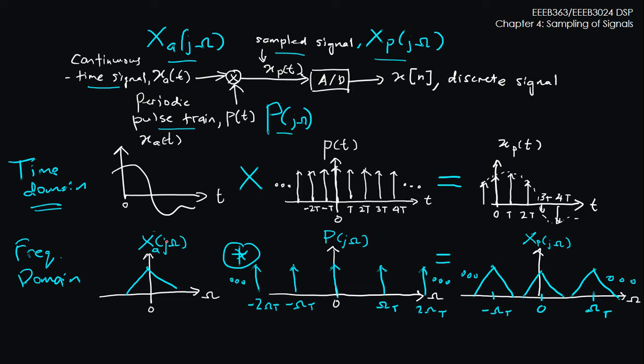We also see here some terms. X_a(j omega) is the spectrum of x_a(t). P(j omega), this is capital P, is the spectrum of small p(t). Capital X_p(j omega) is the spectrum of small x_p(t).